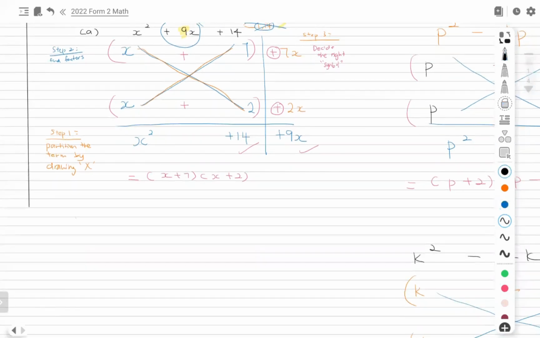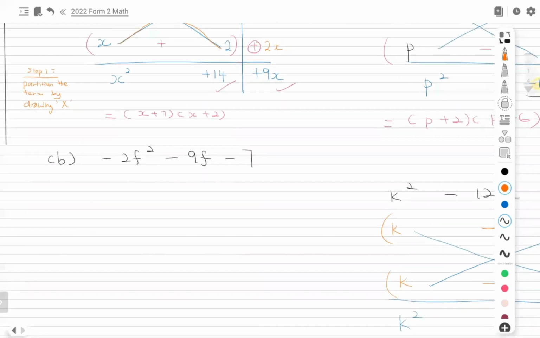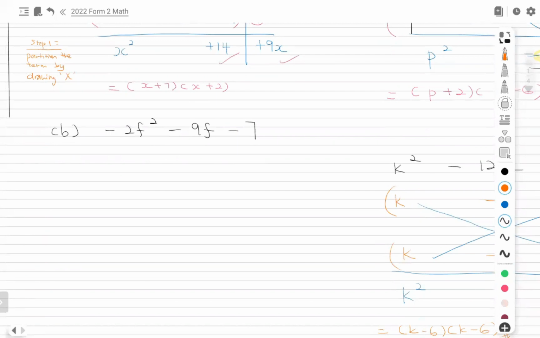For example, negative 2f squared minus 9f minus 7. If the first term is carrying negative value, you have one extra step, which is you need to mempositifkan. You know what's the meaning or not? You have to times with negative. Make sure the first term is positive. Let me repeat again. Whenever the first term is carrying negative value, you must make it positive first.